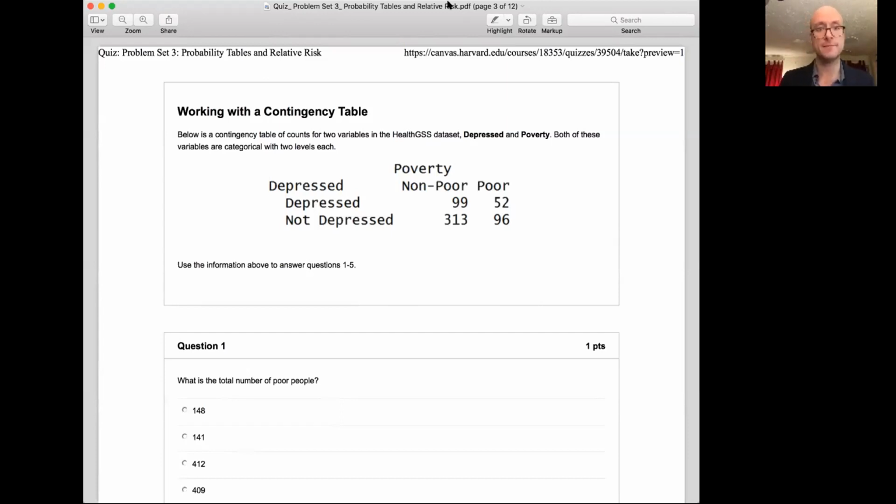So here we have the depressed column on, we'll say, the y-axis, and on the x-axis we have poverty status. We want to know if poverty is associated with this. We need to answer questions 1 through 5 for that. Pretty simple, I would say.